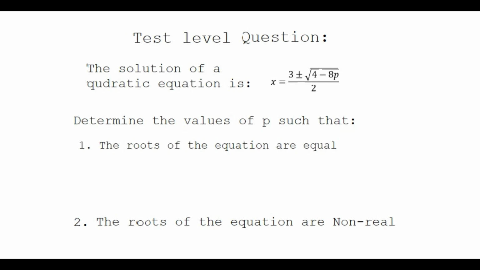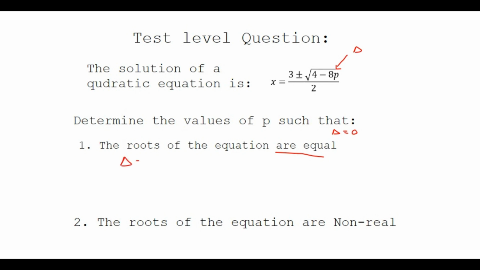Now, if the roots are equal, what does that mean? That means that delta has to equal 0, right? Where is delta? Please never forget delta is under the square root there. So if delta was equals to 0, then we could simply substitute what is under the root in place of delta. Do not go and try and get a, b, and c alone. It's not necessary. You simply need to just apply what is under the root.